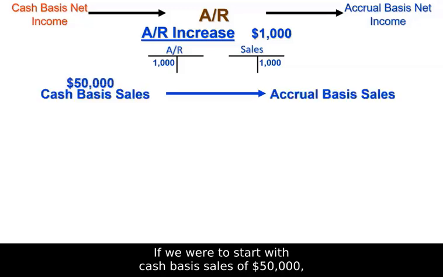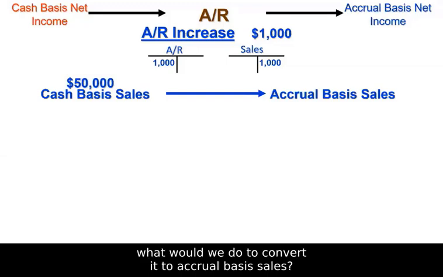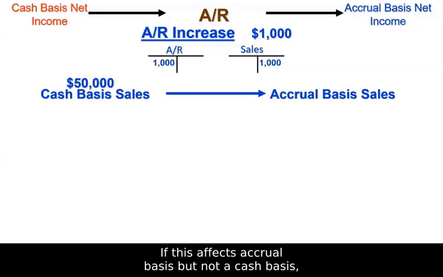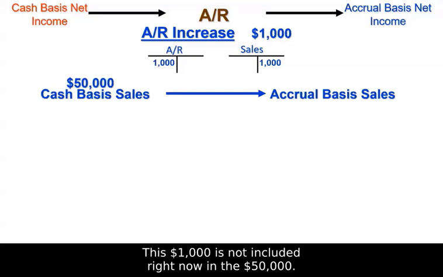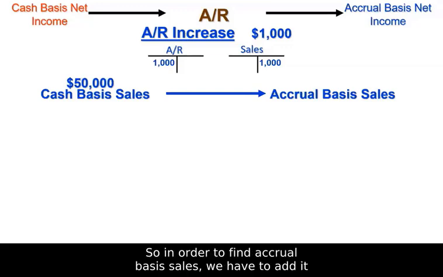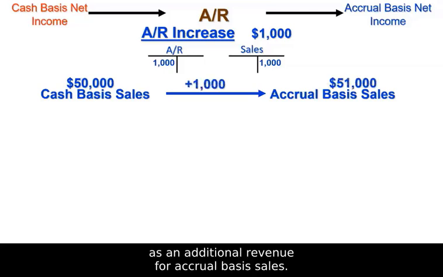If we were to start with cash basis sales of $50,000, what would we do to convert it to accrual basis sales? If this affects accrual basis, but not cash basis, then we have to include it. This $1,000 is not included right now in the $50,000. So in order to find accrual basis sales, we have to add it as an additional revenue for accrual basis sales.